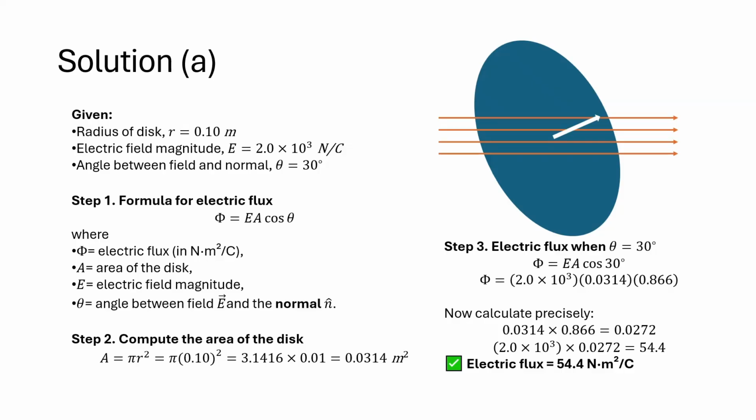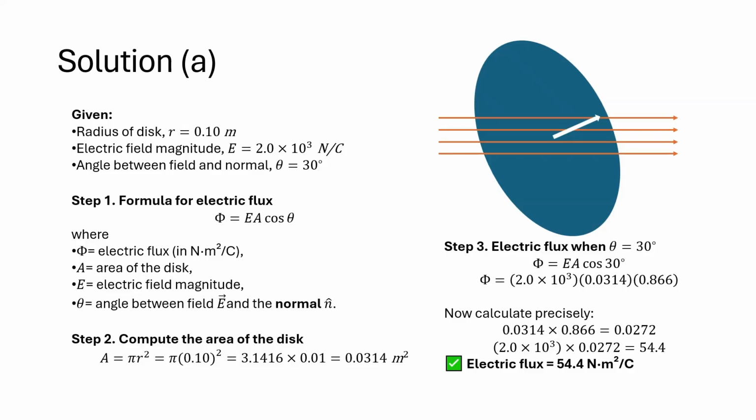So what's the magnitude of the electric field? The magnitude of the electric field is 2.0 times 10 to the 3. Now I did not write the units of the quantities here just to make the lines shorter. But in the computation, you have to emphasize the units, right?